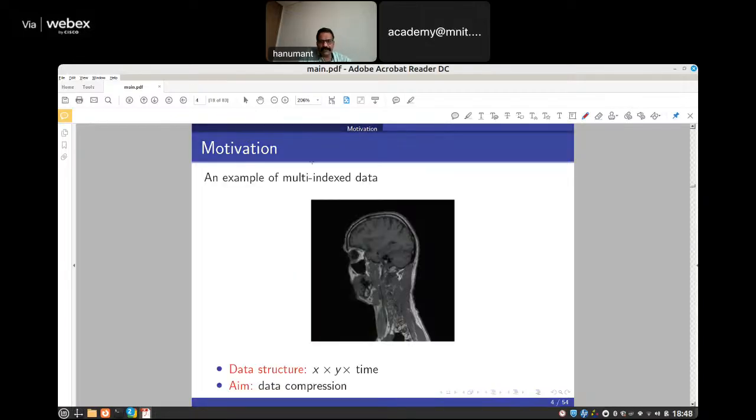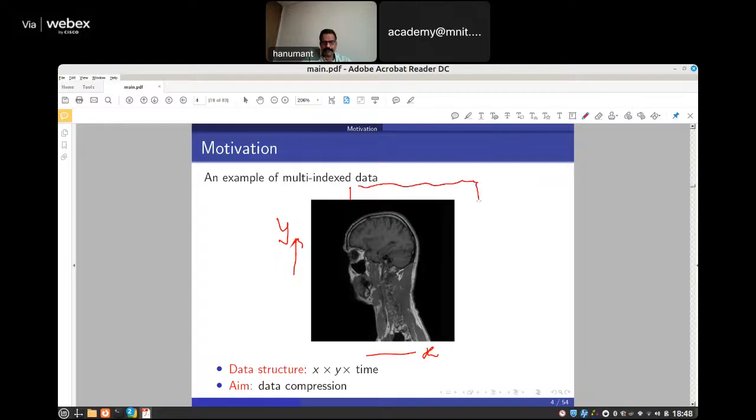Okay, so here what we have is three-dimensional data. Where is the third dimension? Okay, so one dimension is this, let's say this is X, this is Y, and the third dimension is this, time.